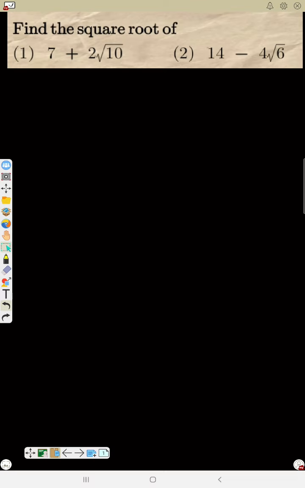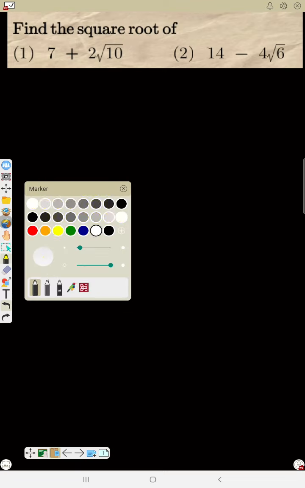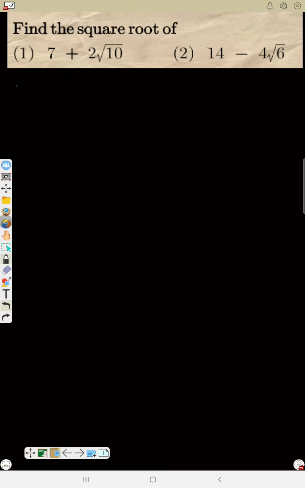So just like the way I use the formula for plus, the same formula is what we will use, but the middle sign will change to minus. Let me first turn this to the form. So 14 minus 4 root 6 is the same thing as 14 minus square root of, so this one will go inside the root and becomes 4 square times 6.